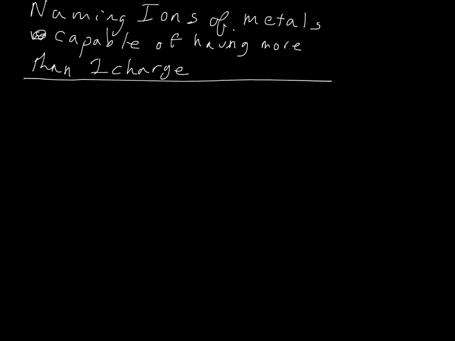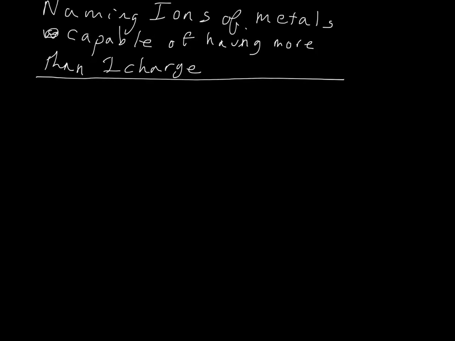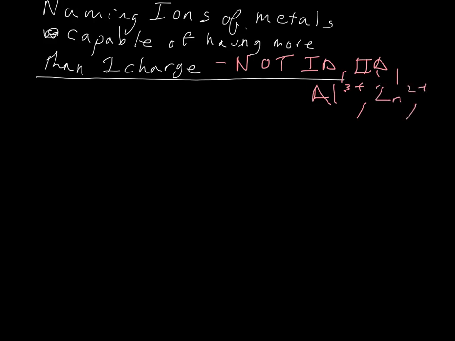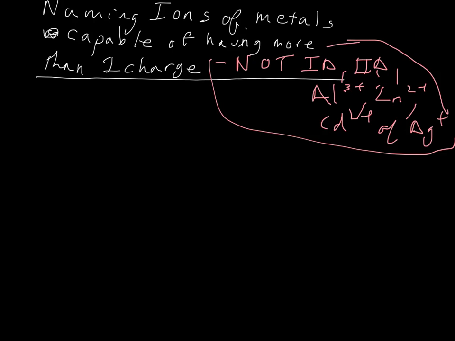So for my students, the rule we're going to follow is that if the metal is not in group 1A, and it's not in group 2A, and it's not aluminum +3, zinc +2, our staircase step, cadmium +2, or silver +1, then we're going to assume that the metal can have more than one charge and falls into this category right here.